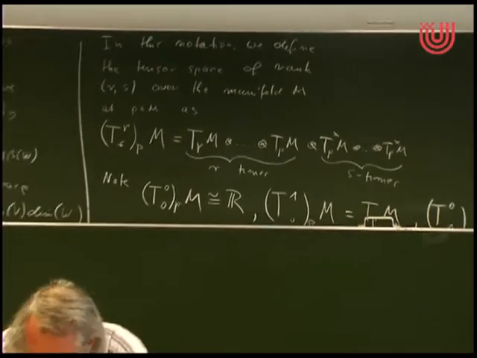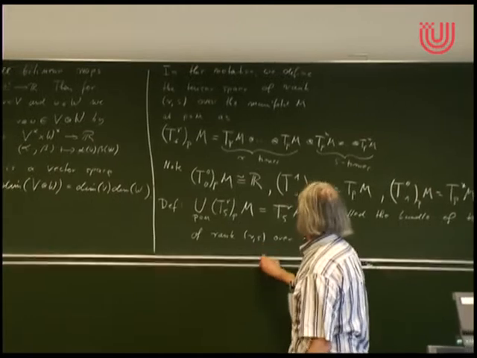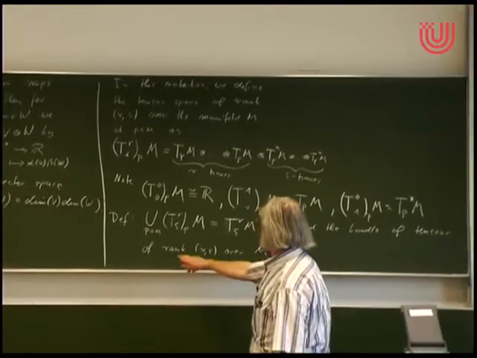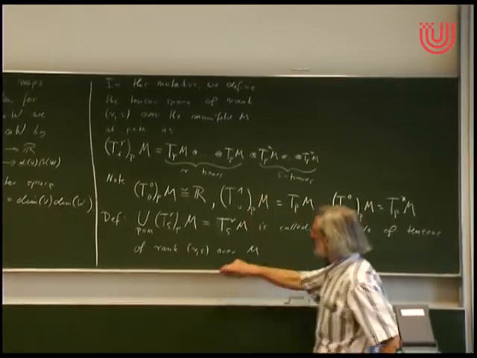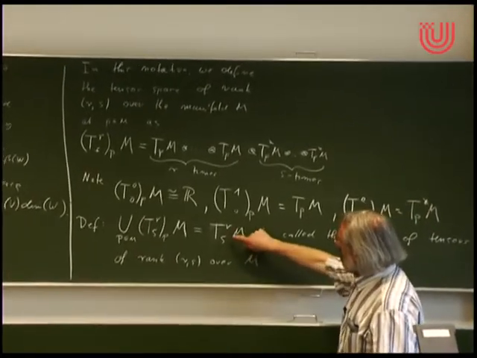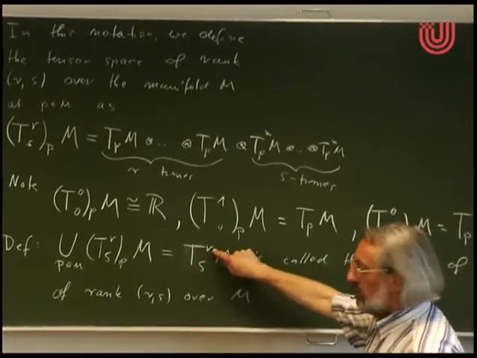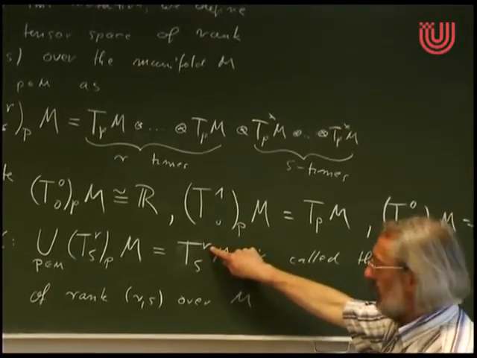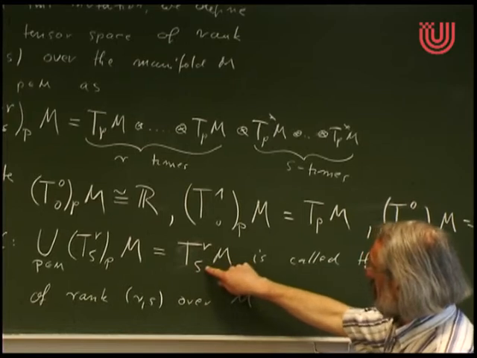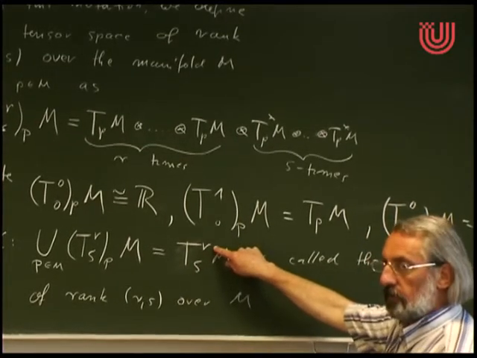What do I have here? Yes, I should mention another word. So I said these are tensors of rank r, s. Sometimes you will find the formulation that people say it is s times covariant and r times contravariant. So the lower indices are referred to as covariant indices and the upper ones as contravariant indices.